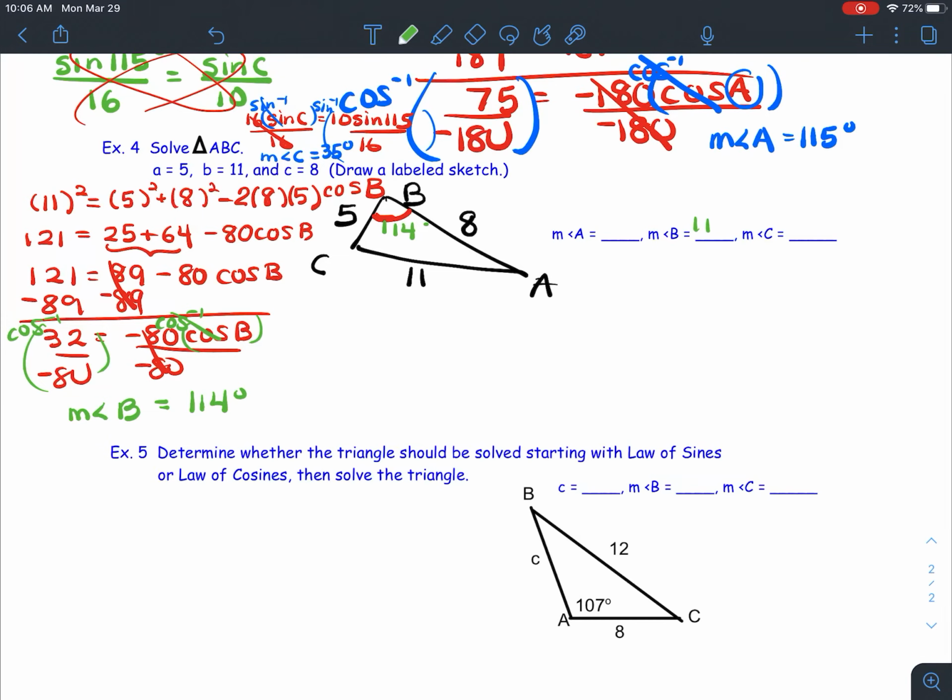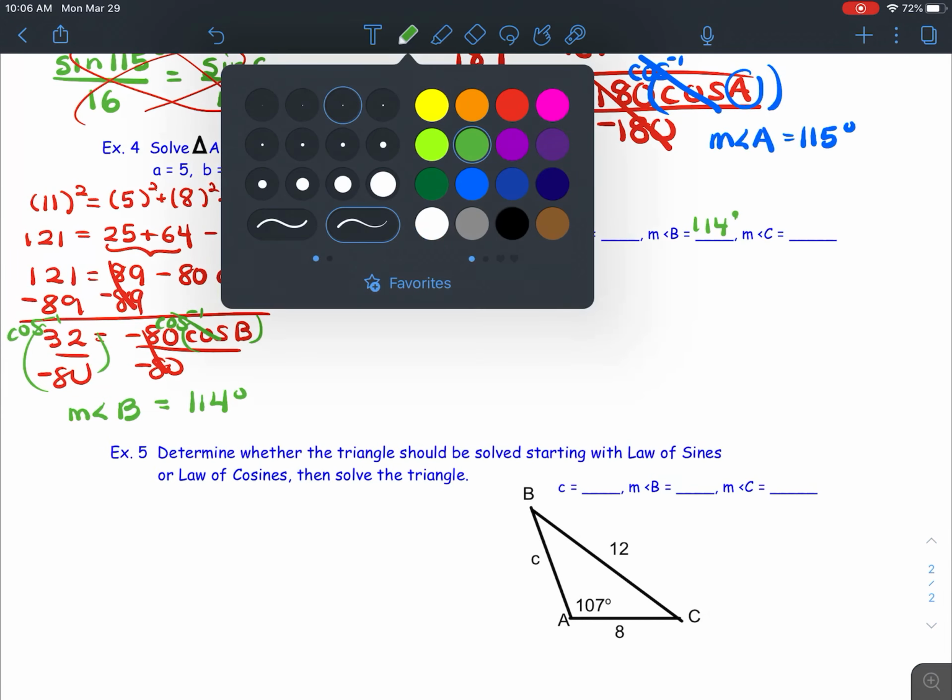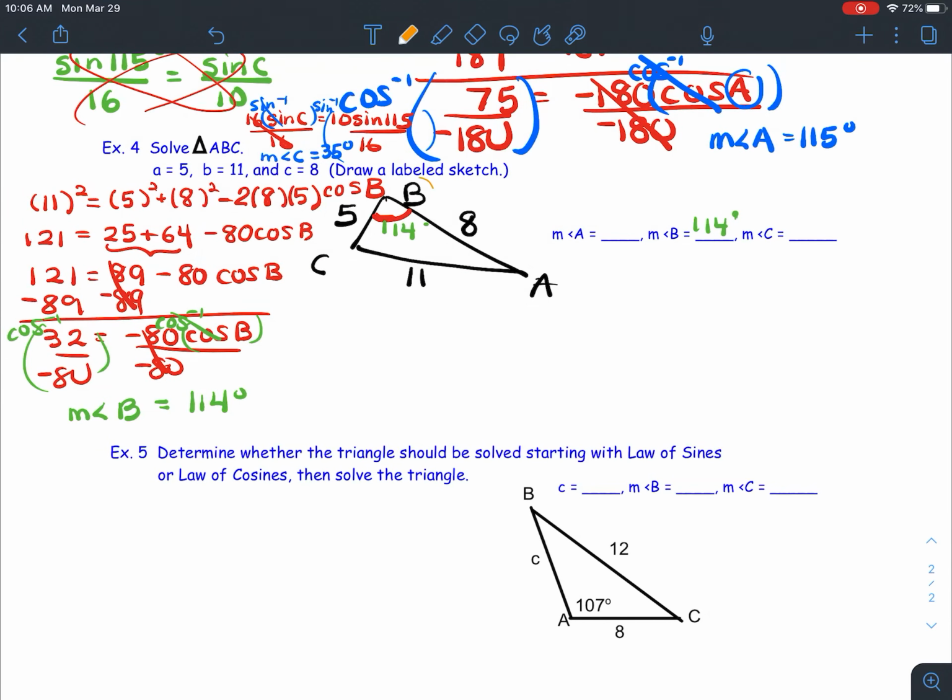We're going to add that to the picture. Okay, now we should be able to do the law of sines. I'm going to set up sine of 114 over 11. I'm going to find the next largest angle, that would be angle C. So sine of C over 8.